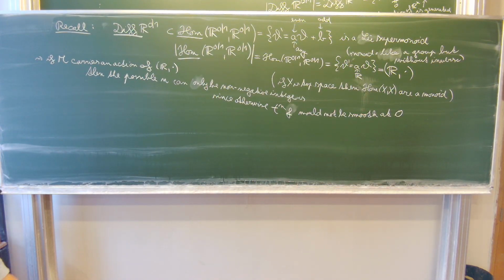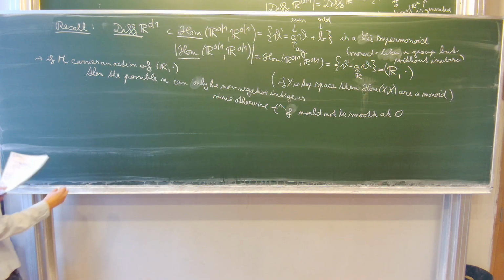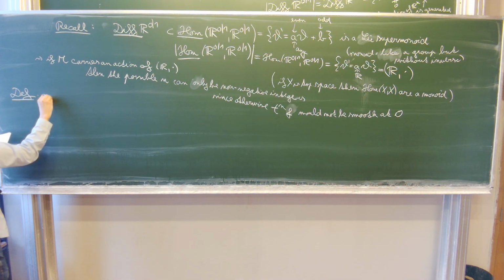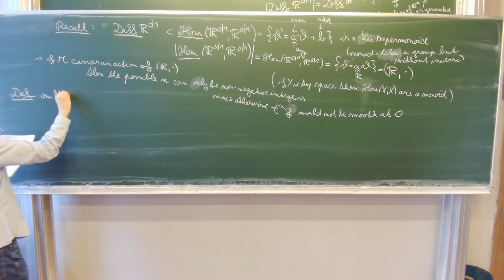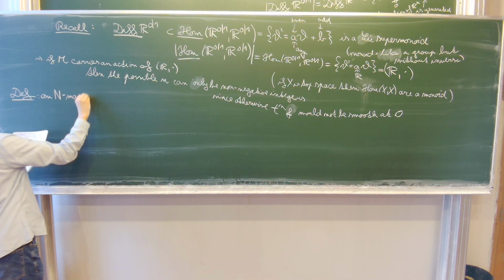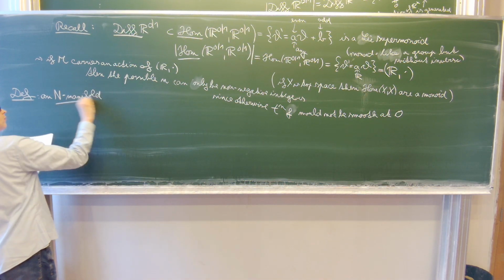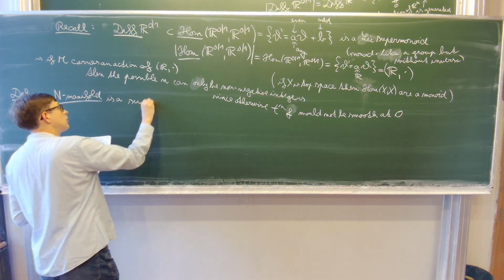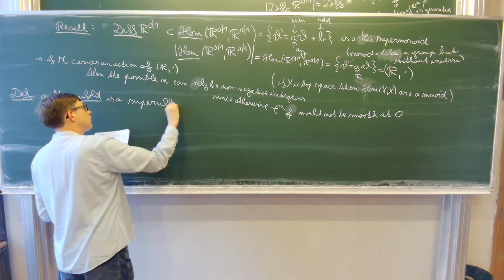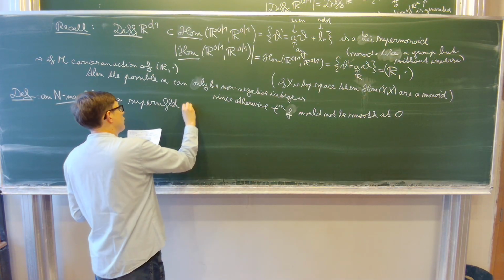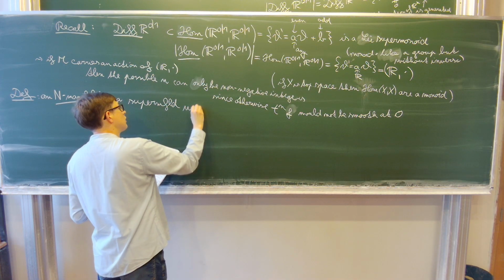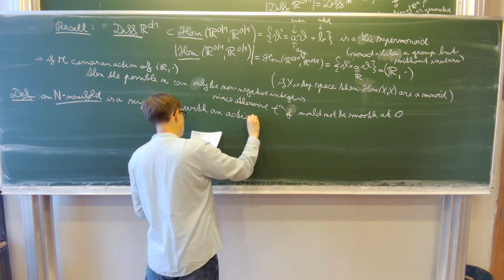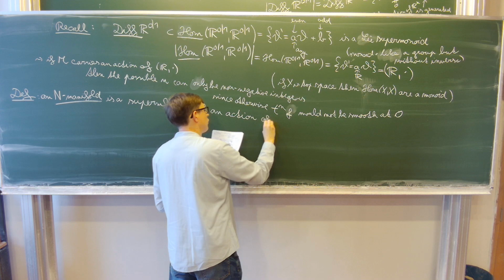So now we can write a formal definition. Definition: an N-manifold is a supermanifold with an action of the monoid.